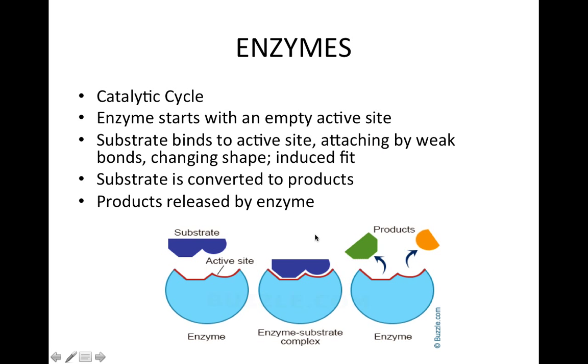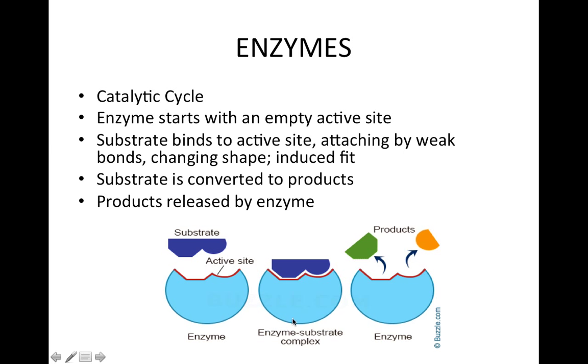Okay? And this is the basic mechanism of how an enzyme works. An enzyme sits in a specific shape that allows for the binding of the substrate, or your reactants, into what's known as the active site. The active site is where your substrate or reactants bind.